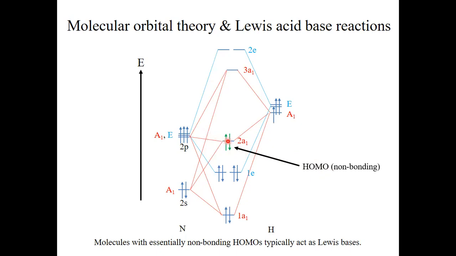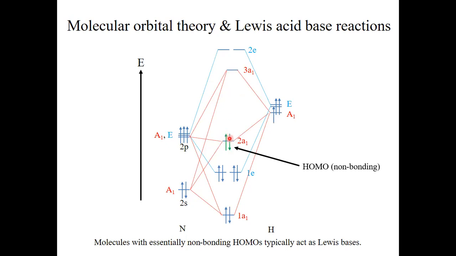Well, if the HOMO was anti-bonding, then it would likely be so high in energy that the electrons would be completely transferred to a reaction partner. In this case, you would not get a Lewis acid-base reaction anymore, you would get a redox reaction.